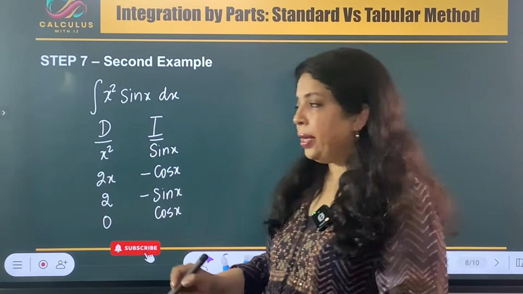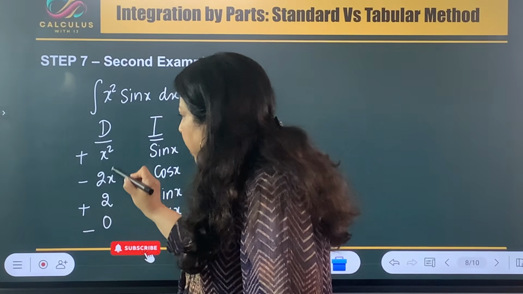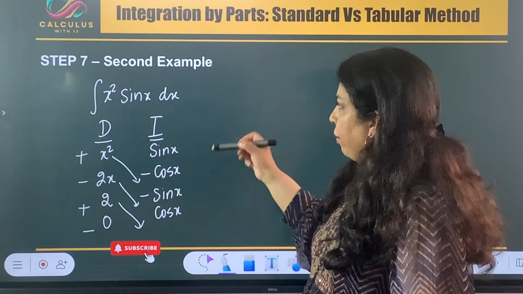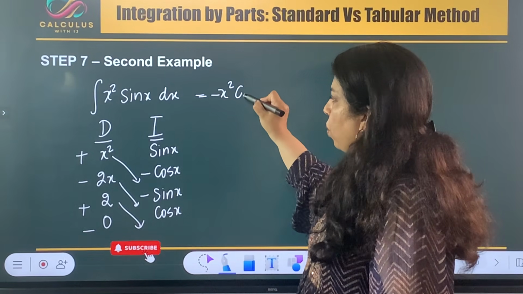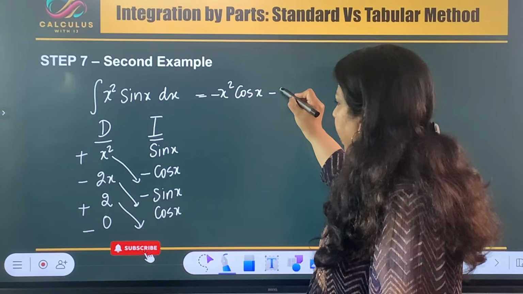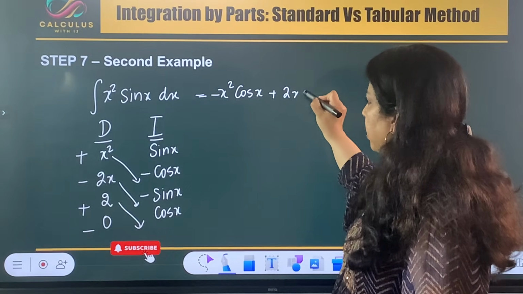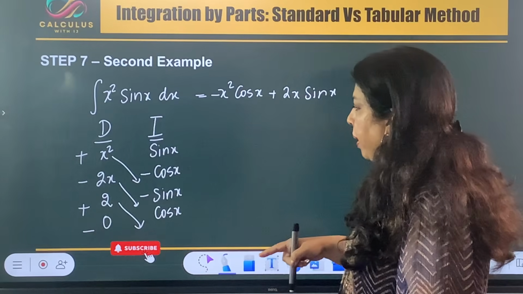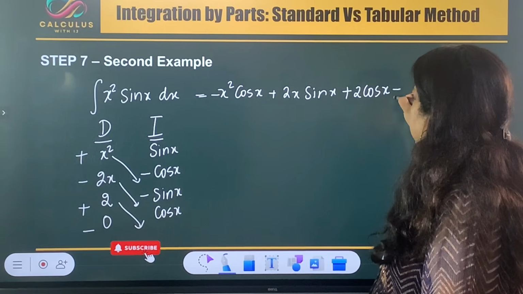So take alternating plus and minus signs and apply the diagonal multiplication so that we get the final result as minus x square cos x, minus 2x multiplied by minus sin x gives us plus 2x sin x. Then we have plus 2 multiplied by cos x, so plus 2 cos x plus c.